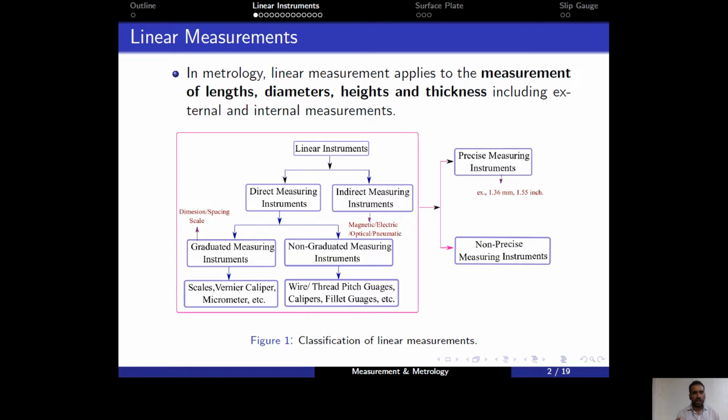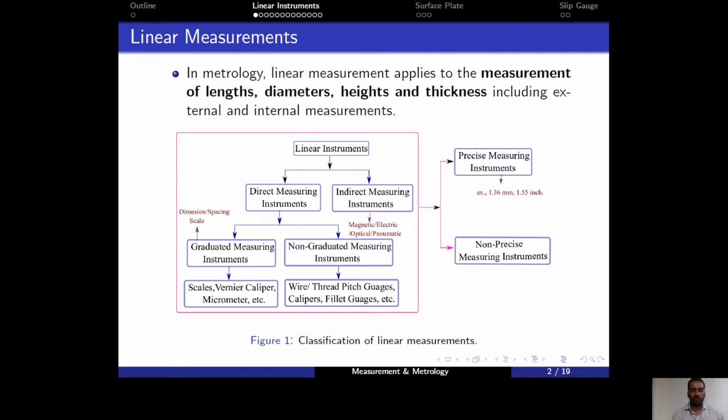If any instrument has some division which actually specifies the dimension, that instrument is known as a graduated measuring instrument, whereas if my instrument does not have these kinds of scales, then it is known as a non-graduated measuring instrument.